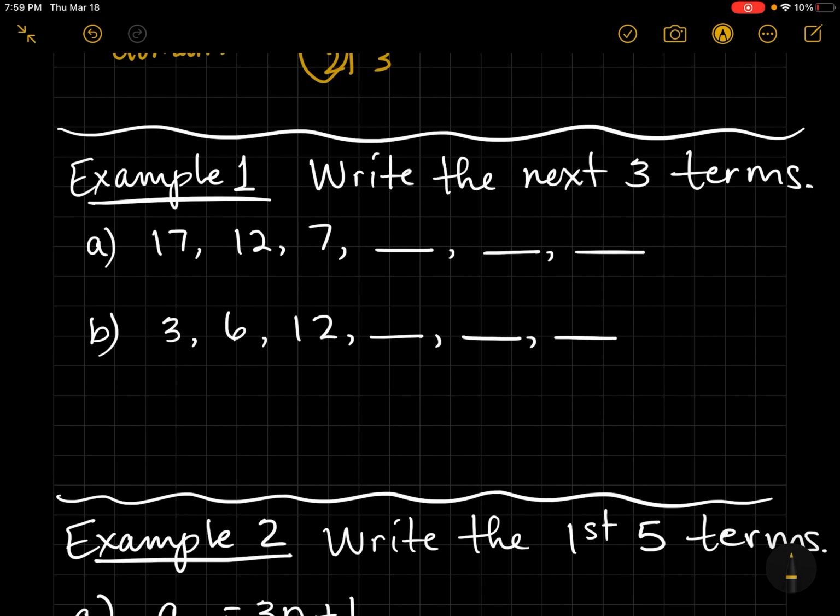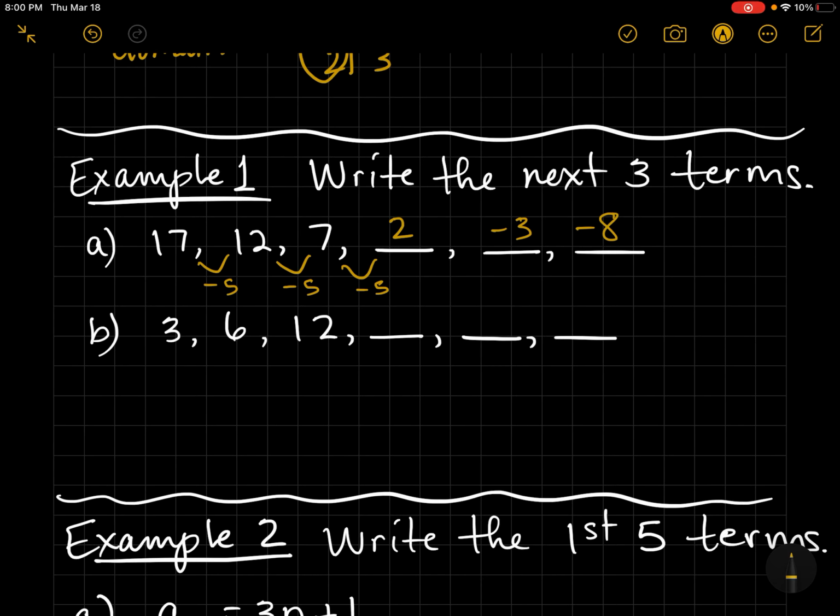Let's write the next 3 terms in this sequence. So what I'm going to do is I'm going to notice that the numbers seem to be going down by 5. So if I continue that pattern, I get 2, negative 3, negative 8.